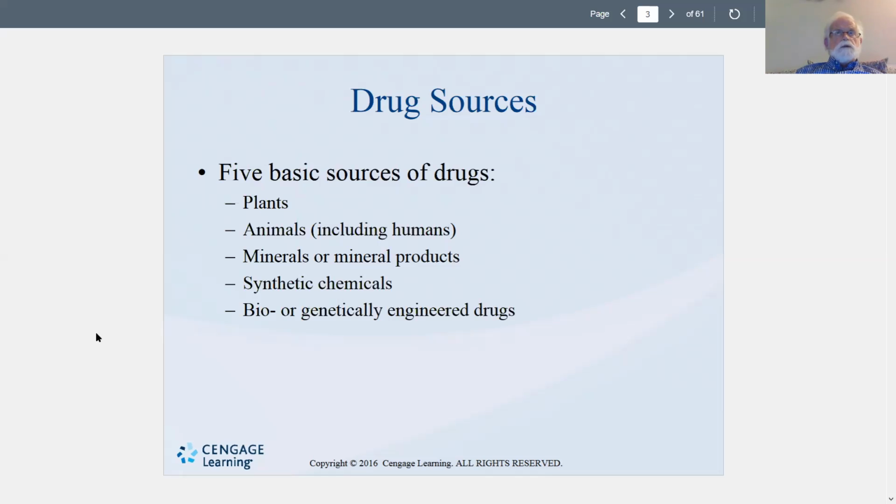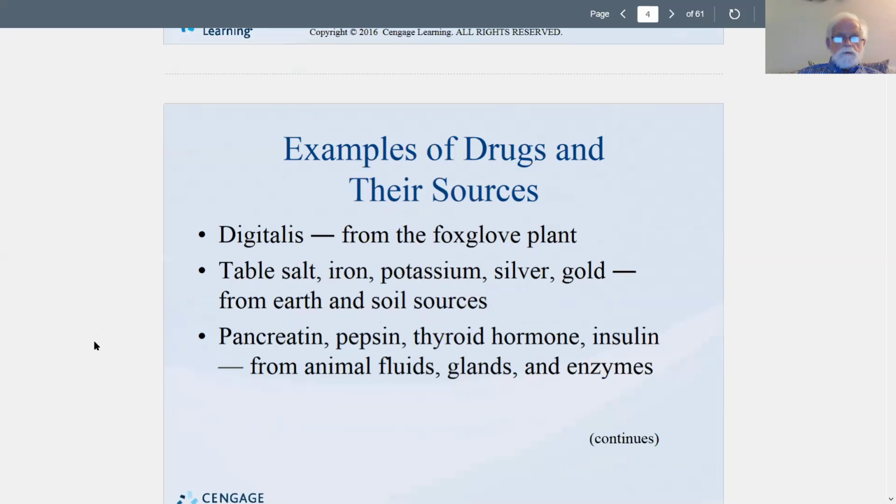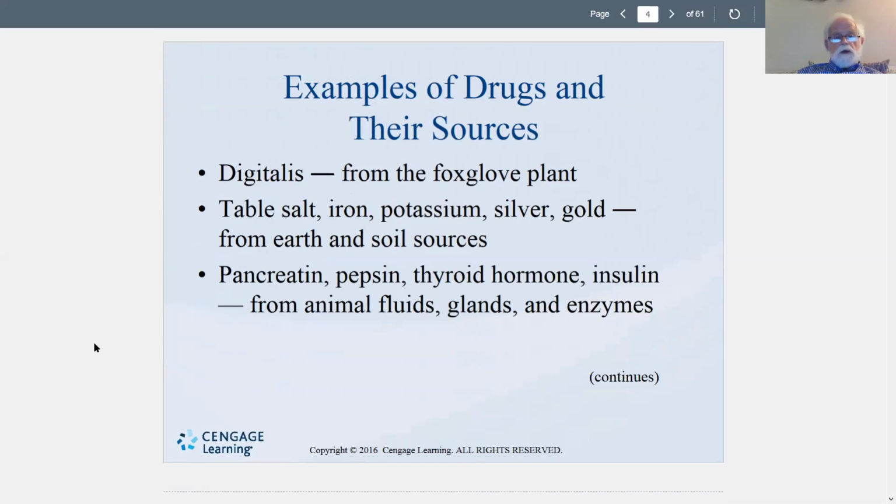These are often grown in cells and isolated from cells. The cells range everywhere from bacteria to human cells. So depending on the drug, we have a wide range of these things. Said that digitalis, this is digoxin, comes from the foxglove. We've got salt, iron, etc.